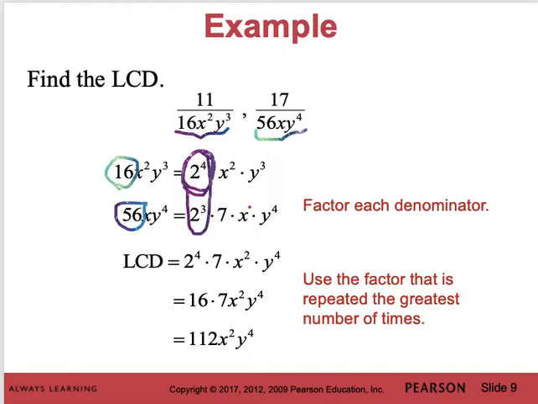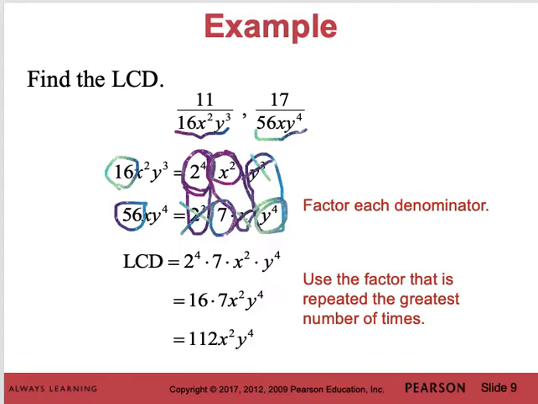They both have an x. Of the two, which one is bigger? X squared. So that's the one I'm going to choose for my least common denominator. They both have a y. And again, of the two, which one's bigger? Y to the 4th power. So those are the ones I'm going to choose. I can cross off or ignore the other ones I didn't choose. Sorry, guys, you didn't make the cut. And then what remains is that 7 is all alone.